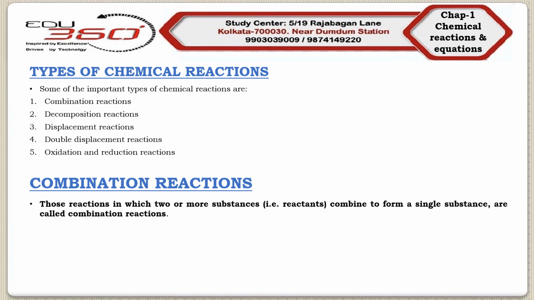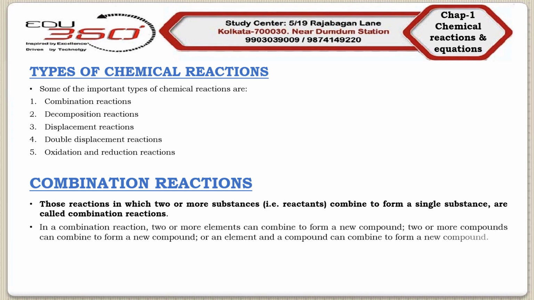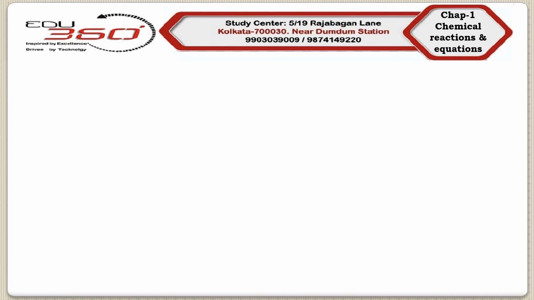So in a combination reaction, two or more elements can combine to form a new compound, two or more compounds can combine to form a new compound, or an element and a compound can combine to form a new compound. We will discuss all these types one by one with suitable examples.